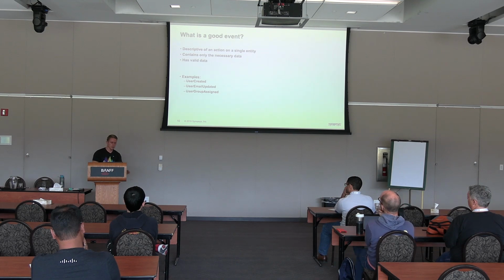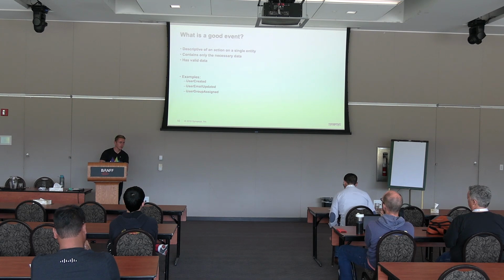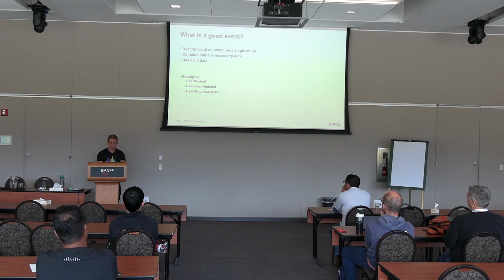And then also, it has to have valid data. We'll talk a bit more about that later, but data validation is very important. And I'm going to quickly run through a few examples here of events. User creation, user email updating, which is just a field update, and then how to assign entity relations.